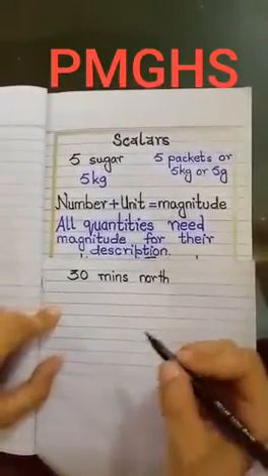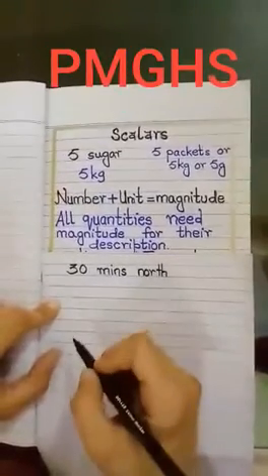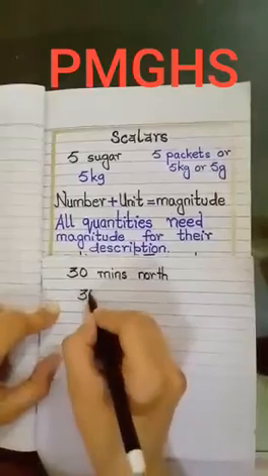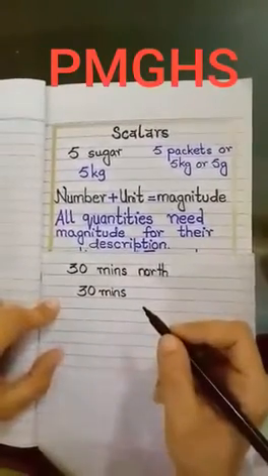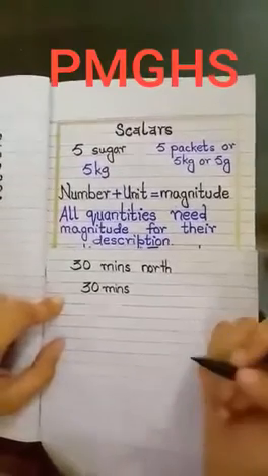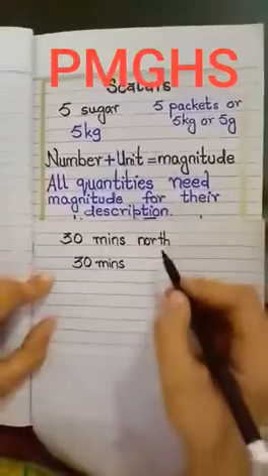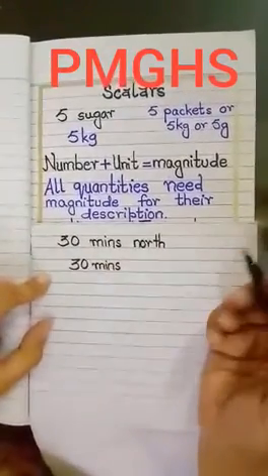But when she hears the direction north with time, she is confused. If I say that I took only 30 minutes to reach her home, she can easily understand what I am saying to her. It means that direction with time is irrelevant.